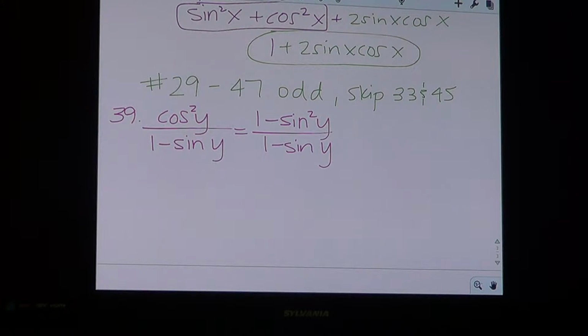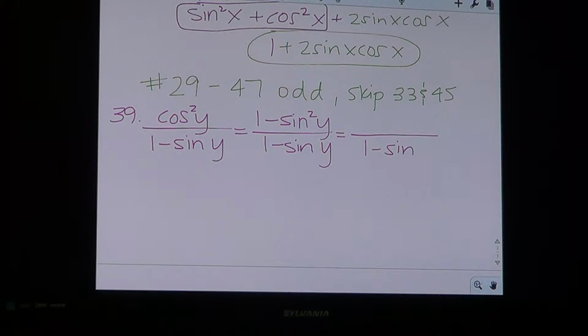Can you just cancel out? And then you're left with 1 minus sine. That's what I did, but that's not the right answer, so I messed it up. What do you want to do? We can't cancel anything because they're not multiplying. They're subtracting. But we can do something where it would be multiplying.